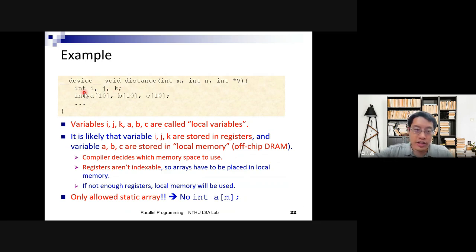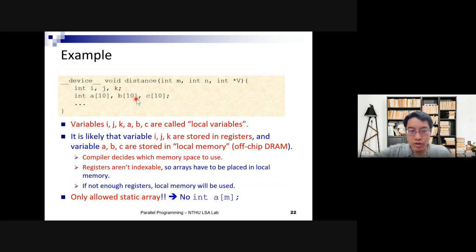Here, i, j, k are local variables, so they should be stored in registers. But if each thread can only be assigned one register, then unfortunately only one of the three will be stored in a register, and you can check that from the compiler information. A and B are arrays, so unfortunately all of those need to be stored in local memory.